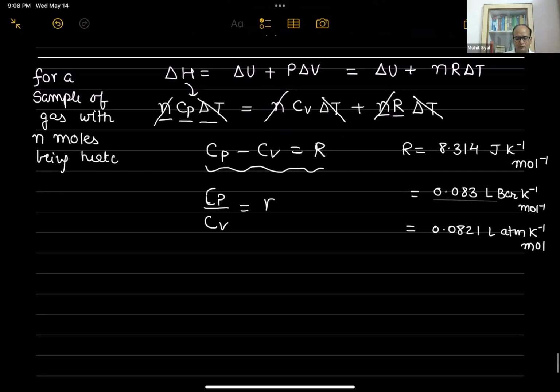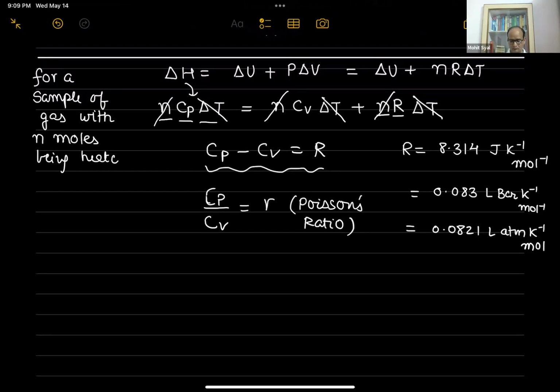Got it? Cp minus Cv equal to R. Cp and Cv are the heat for 1 mole and 1 degree.